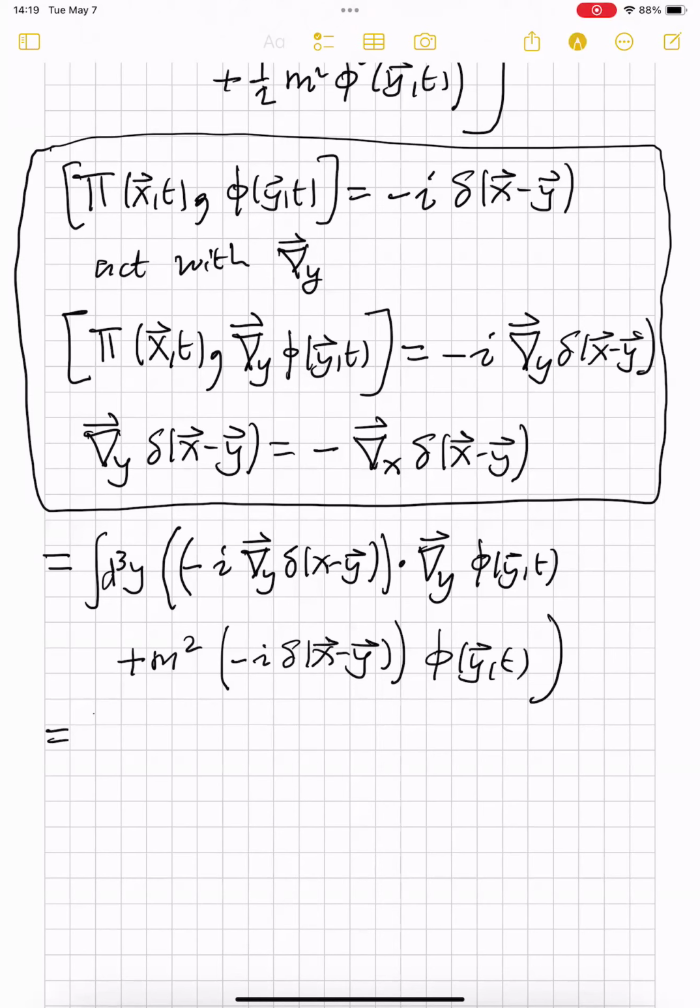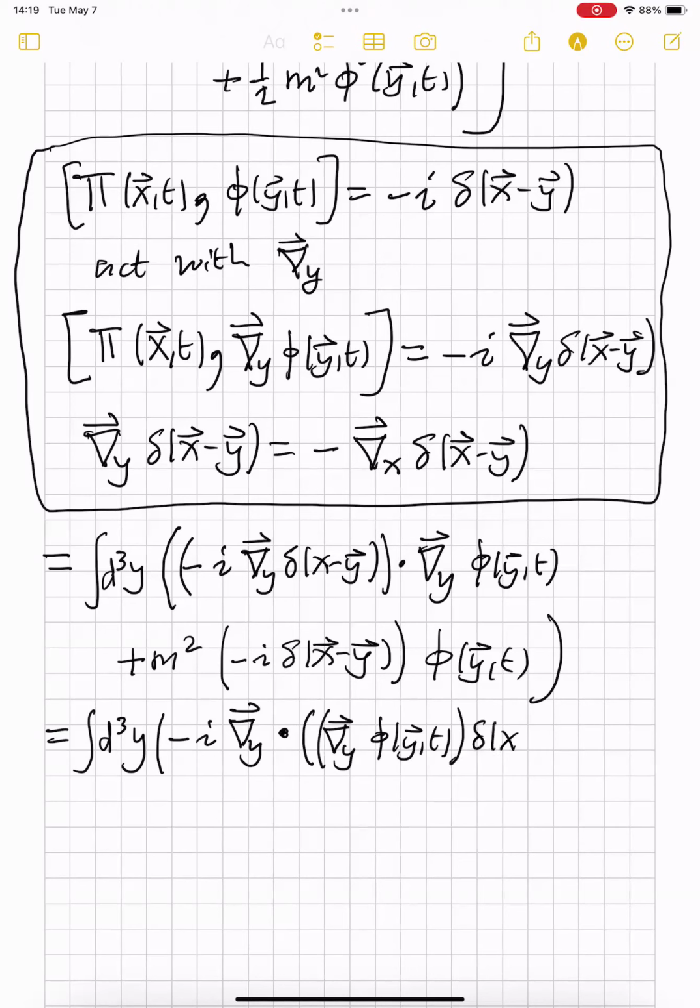So this will be an integral d3y, and I'm focusing on the first term now. I'm going to write it as follows: minus i nabla with respect to y dotted into nabla of phi of y comma t times the delta function.